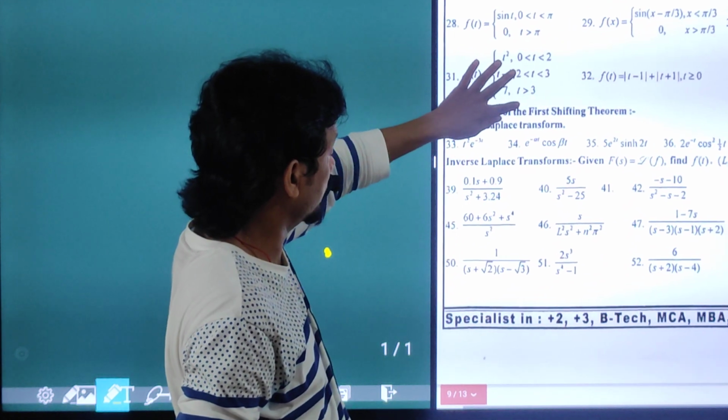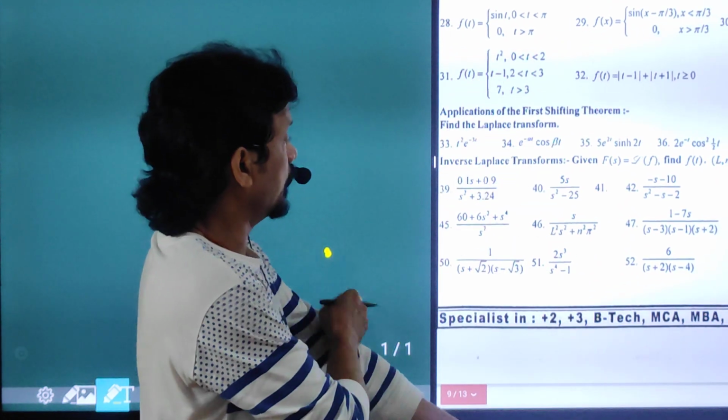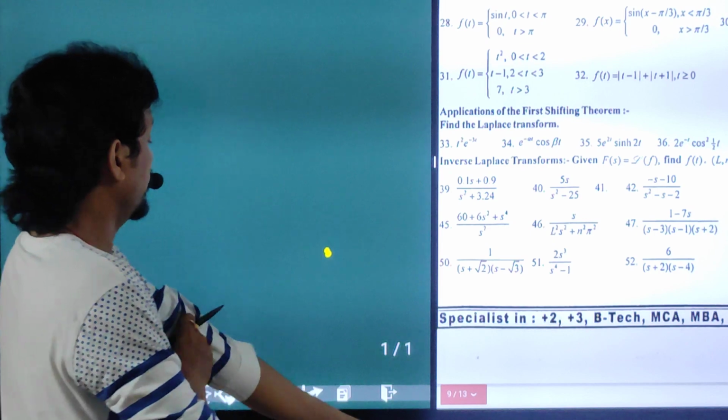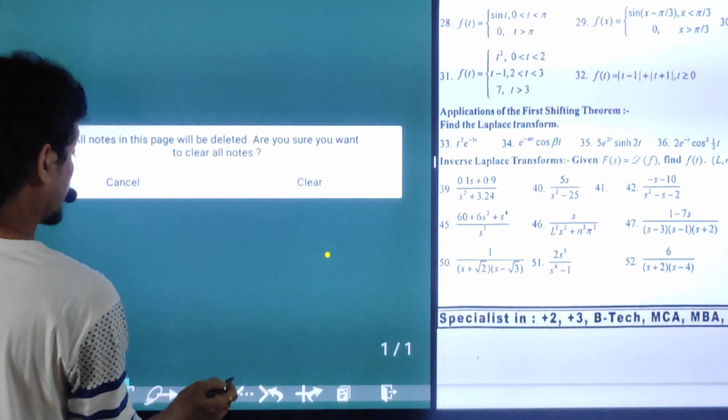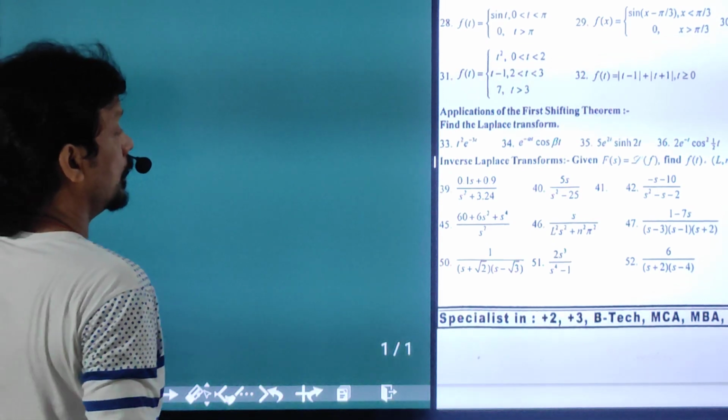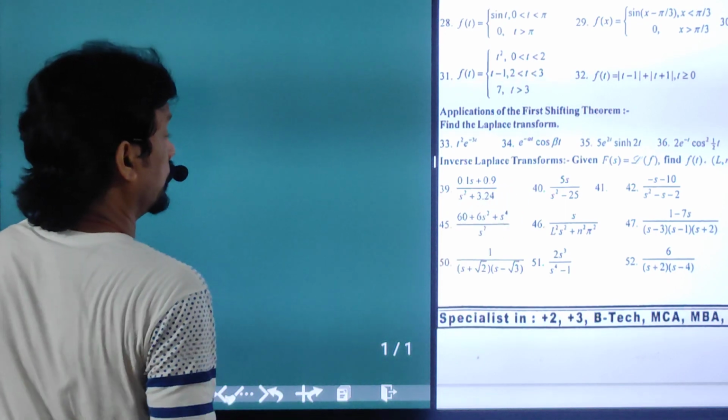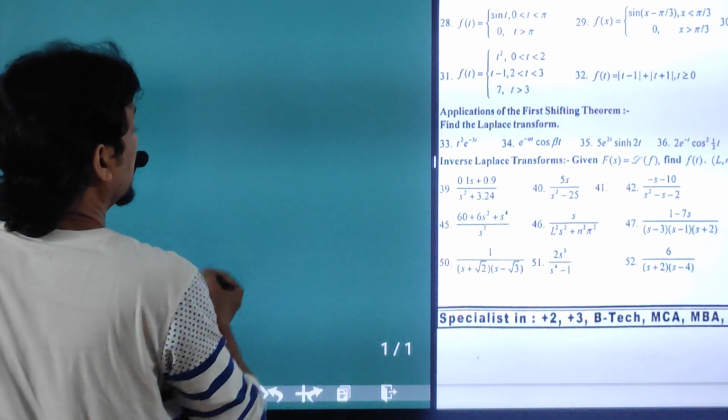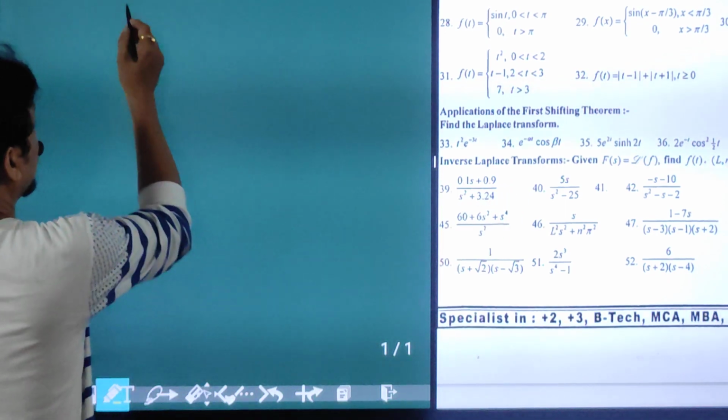These are the problems which you should do. So see here, number 40 I am going to tell you.